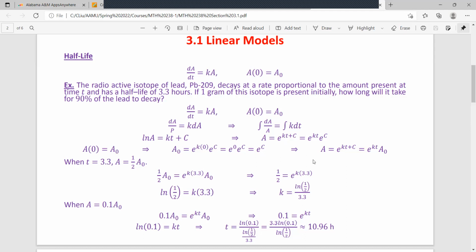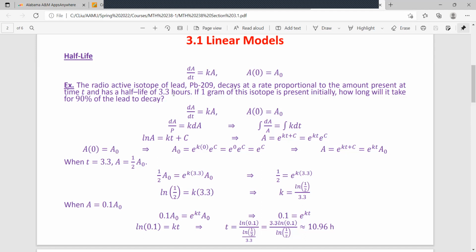So the solution to the initial value problem is A equals e to the KT times A0. That's pretty much the same as we did in the previous example.